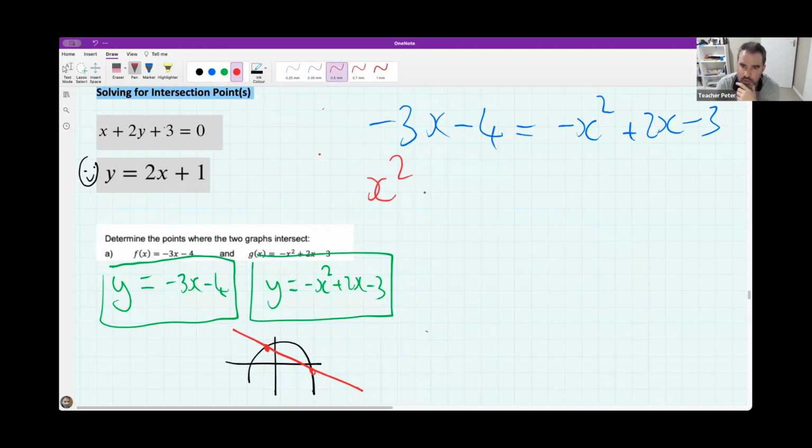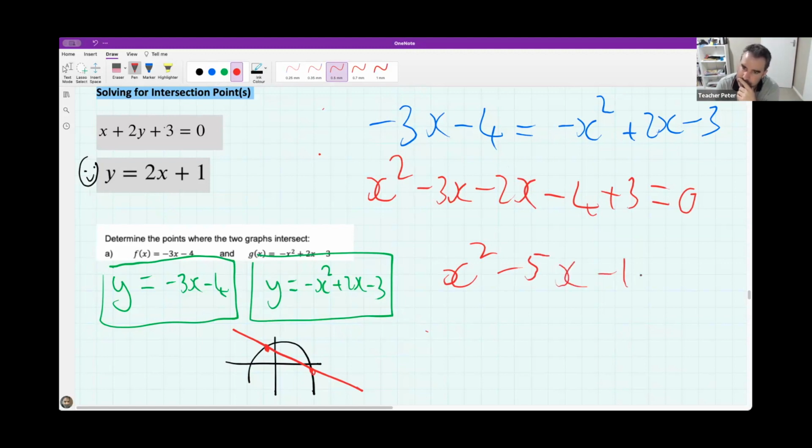What I'm going to do to make my life a little bit easier is I'm going to bring everything to one side. And let's make sure I've done this properly. X squared minus 3x minus 2x minus 3. It feels like this is going to be a messy answer, so I'm going to use the formula.